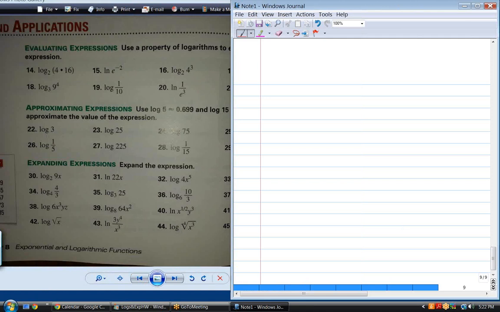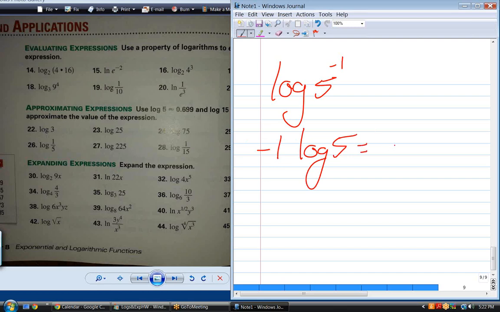Log 5 to the negative first power. Okay. And now what? Then you take the exponent over, so it'd be negative 1 log 5. Which means it's going to be negative 0.699. Okay?